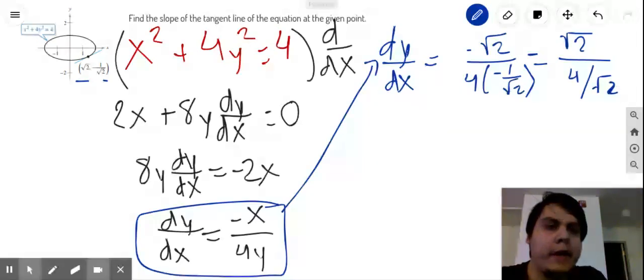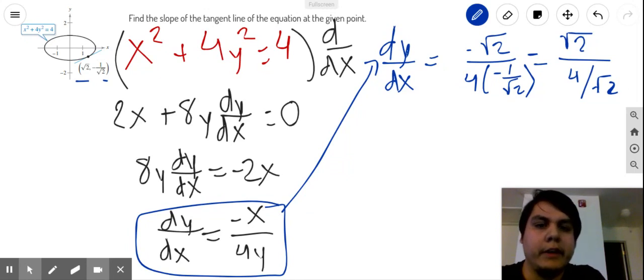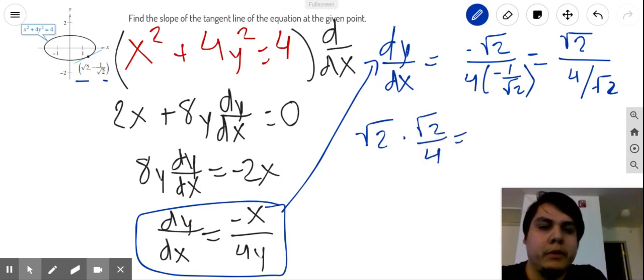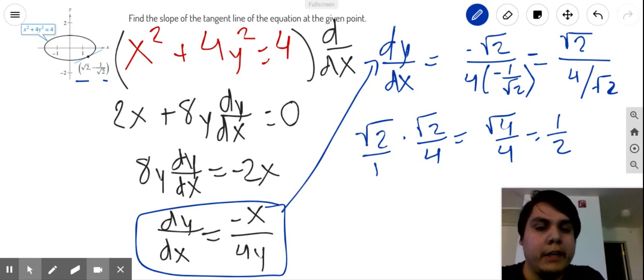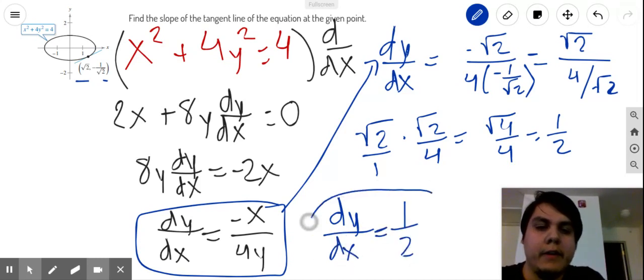Since we're dividing by a radical, algebraically, it's like having square root of 2 times the reciprocal of your denominator, which would give you a square root of 4 over 4, which would just give you 1/2. So the answer to this question would be that dy/dx should equal 1/2 at the given point.